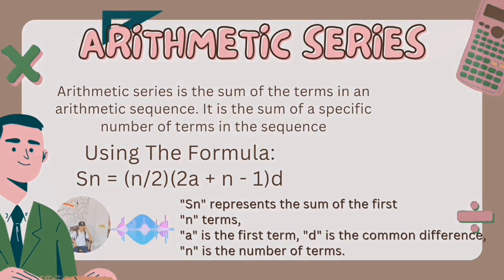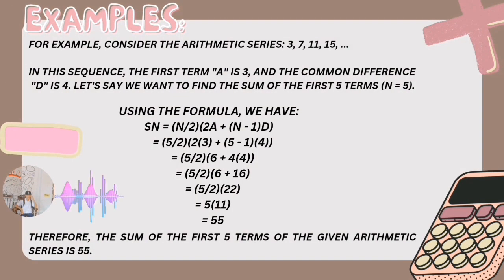For example, consider the arithmetic series 3, 7, 11, 15. In this sequence, the first term a is 3 and the common difference d is 4. Let's say we want to find the sum of the first 5 terms, n = 5.